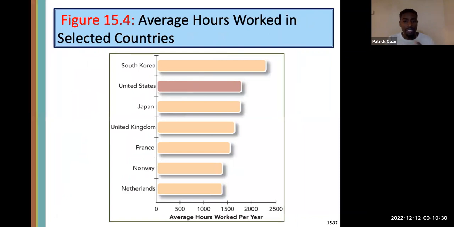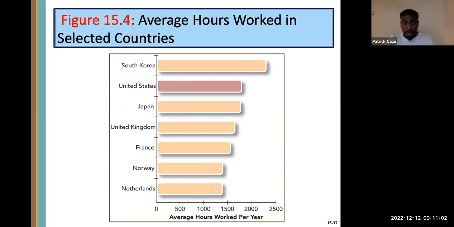Average hours worked in selected countries per year. South Korea works 2,500 hours per year. United States is the next, then Japan, the UK, and the Netherlands is the least, huh? So if you look at the countries from top to bottom, you can see the pattern of different lifestyles, right?